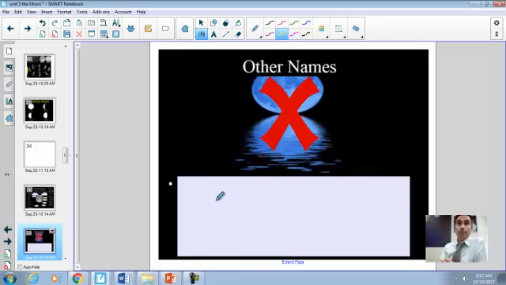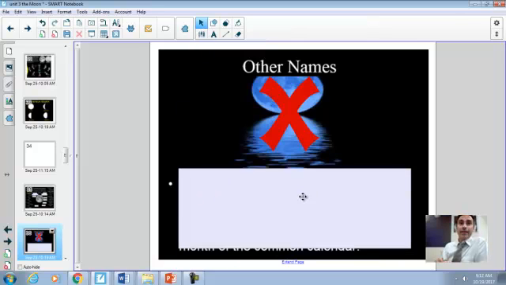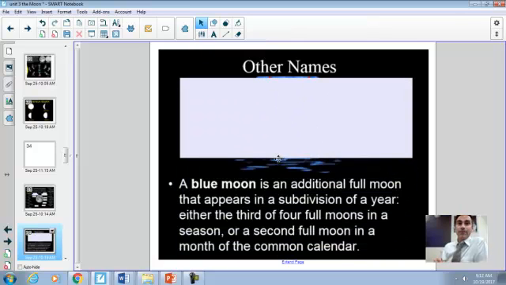All right, other names. Blue moon. That's a big one that gets us. Now, there's two definitions for a blue moon. I like the more modern definition, which says it's an additional full moon that we have in a calendar. Because our cycle of phases is 29.5 days, it's really rare to have two full moons in the same month.